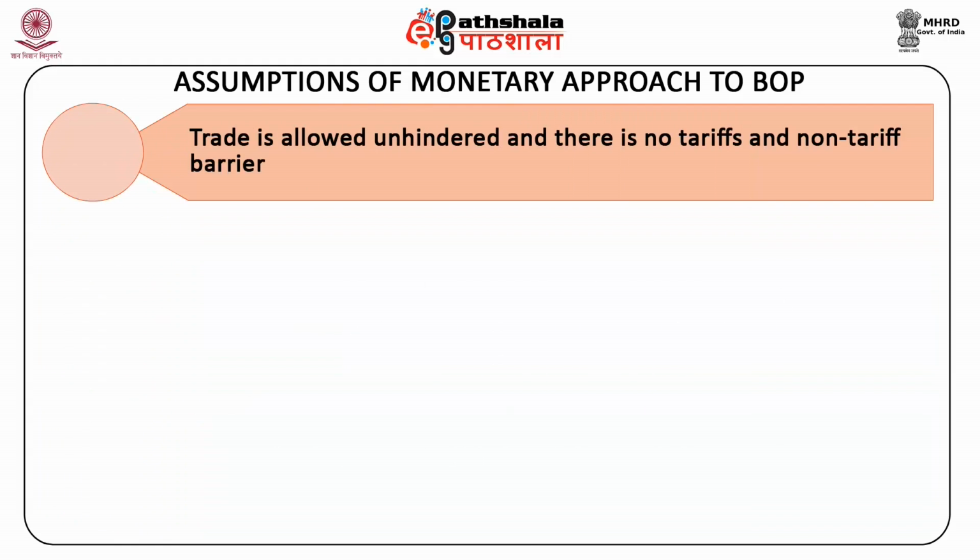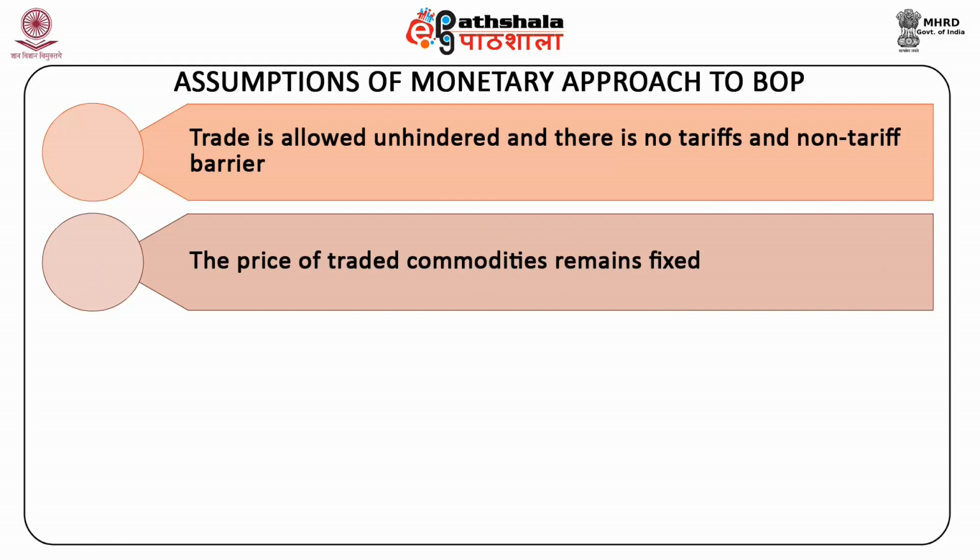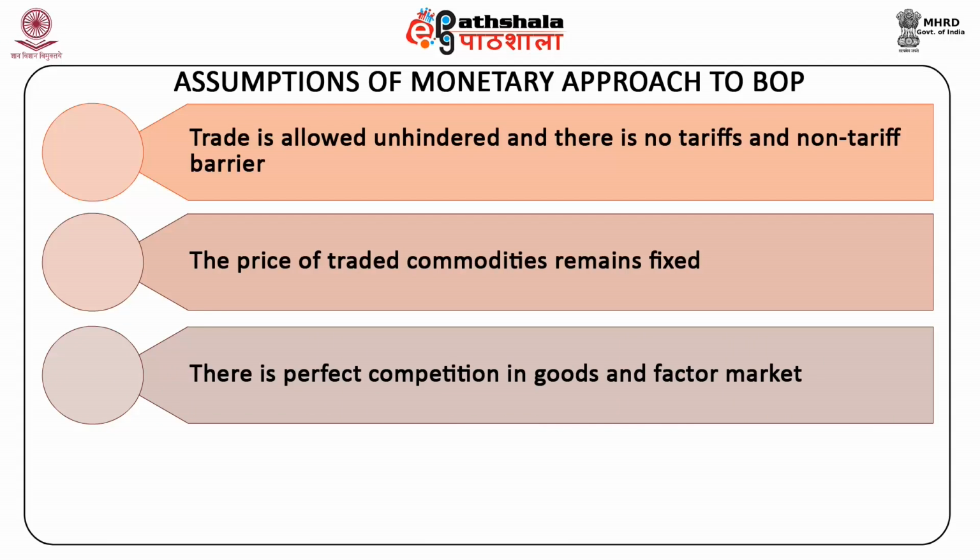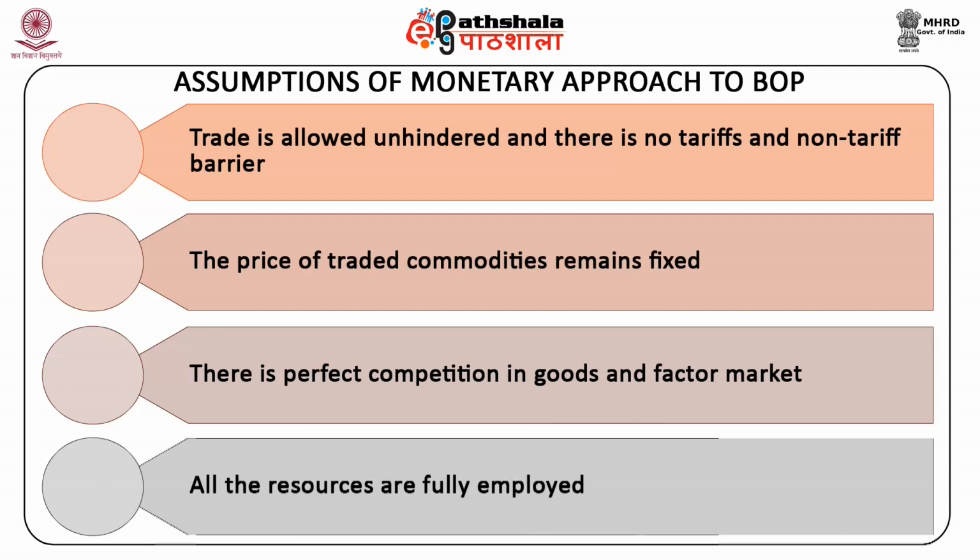Fourth, trade is allowed unhindered and there are no tariffs and non-tariff barriers on the free movement of goods across national boundaries. Fifth, the price of traded commodities remains fixed. Sixth, there is perfect competition in goods and factor markets. Seventh, all the resources are fully employed.